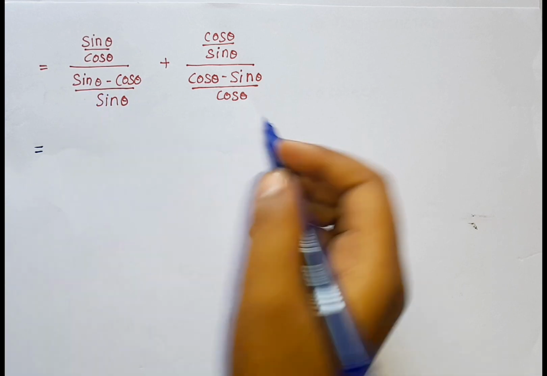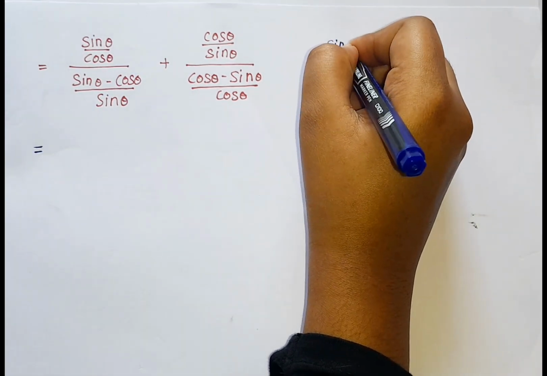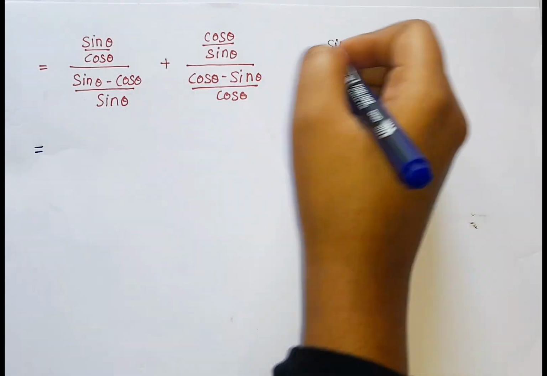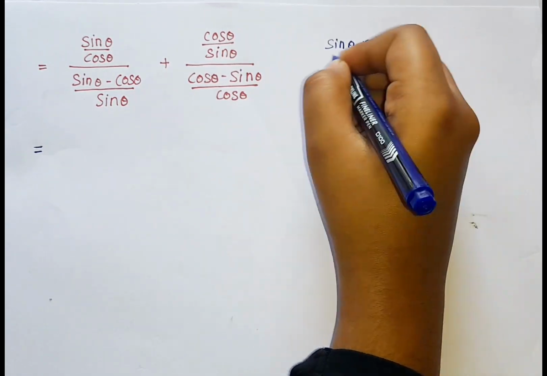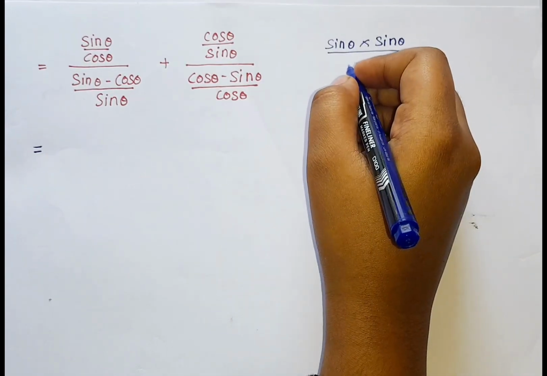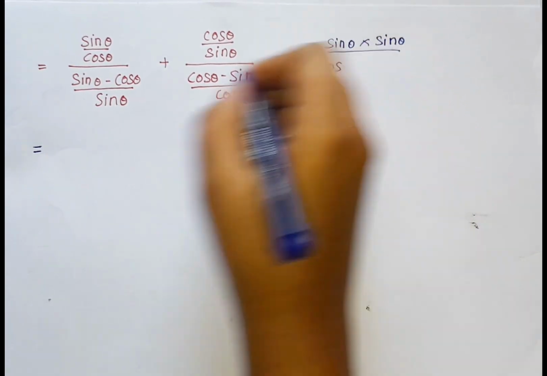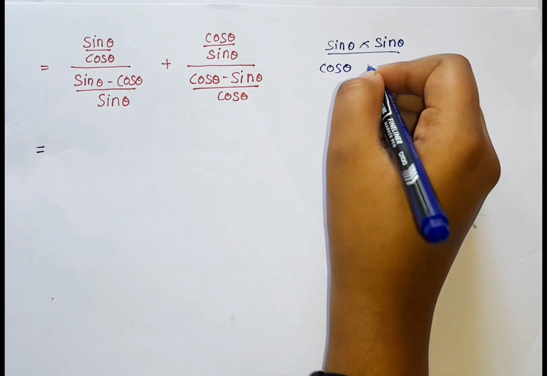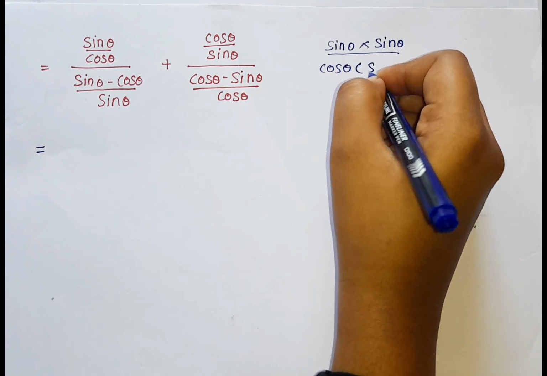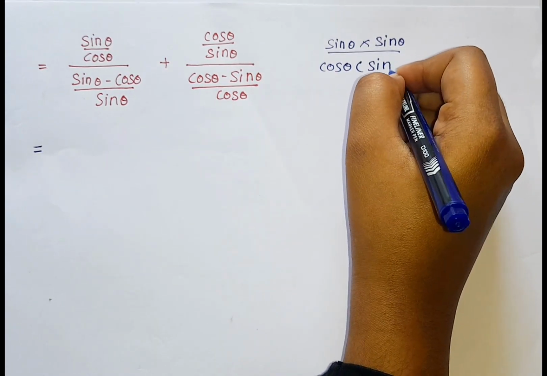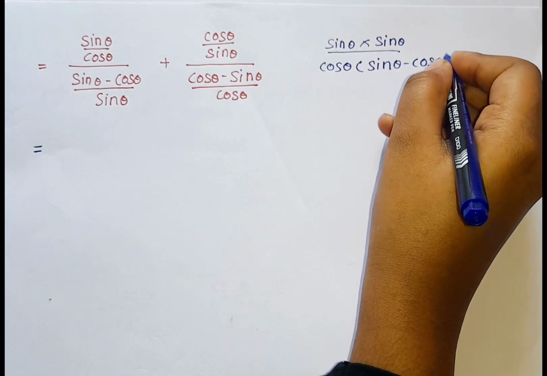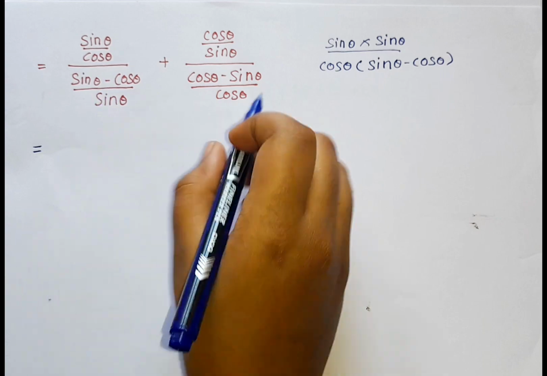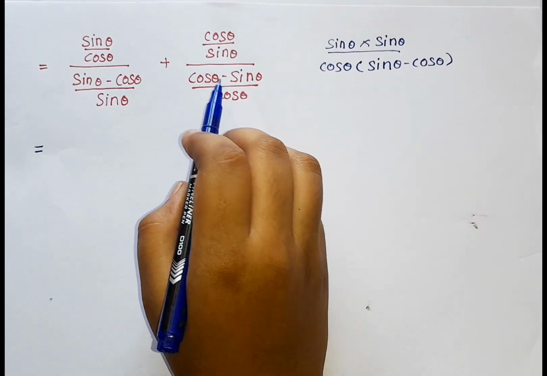When we take reciprocal, this sin theta will come up, so it becomes sin theta divided by cos theta, cos theta as it is, and then bracket sin theta minus cos theta. We'll get something like this when we take reciprocal. Similarly here also it will happen like that.